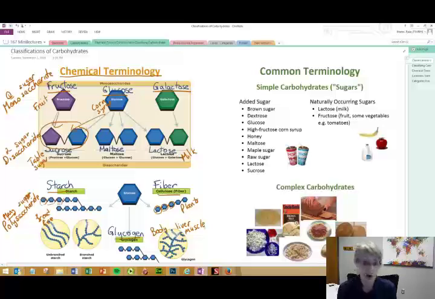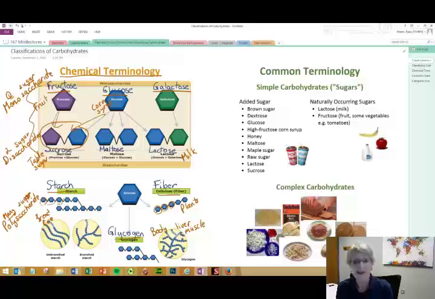Generally, those mono and disaccharides tend to be sweet, and polysaccharides are not. Although lactose is an exception. It's a disaccharide, but not sweet. And if the carbohydrate is digested, such as those mono and disaccharides and the starches, it provides 4 calories per gram. So it's helpful to know the chemical structure and the corresponding chemical terminology for classifying carbohydrates.